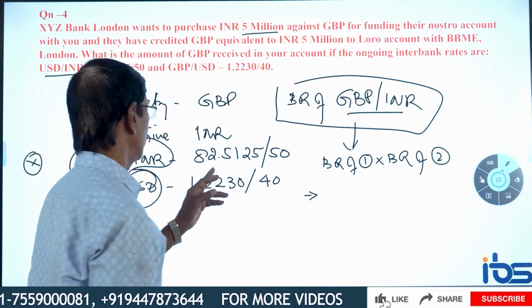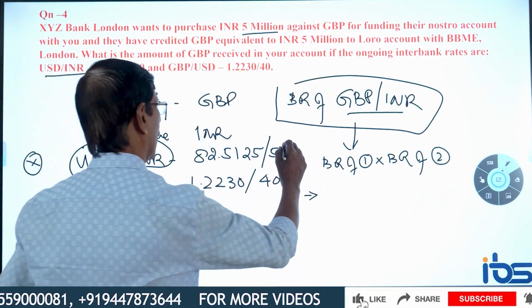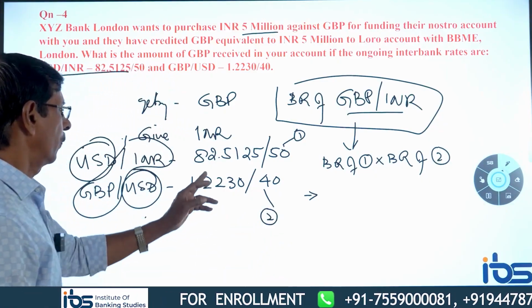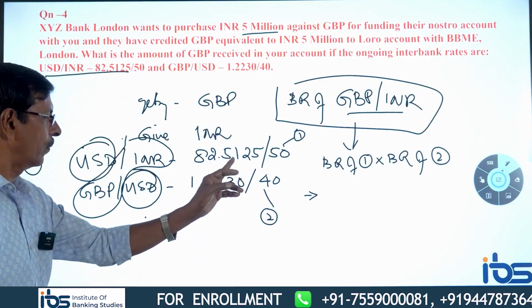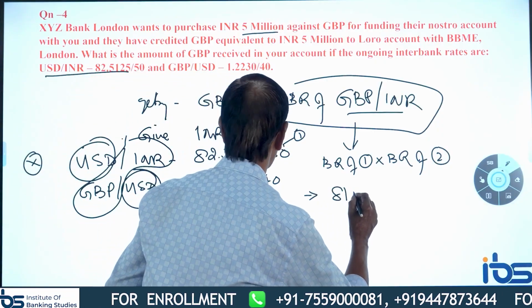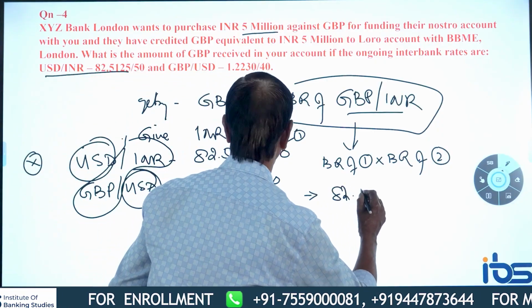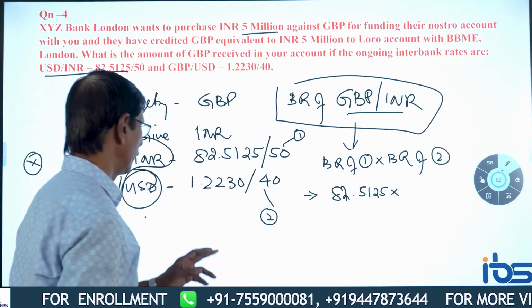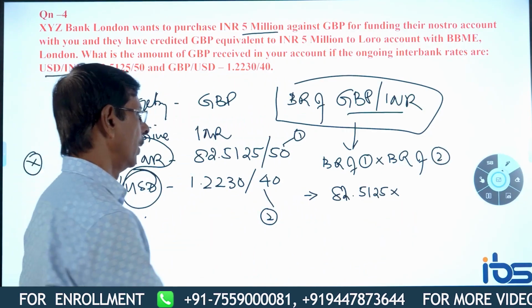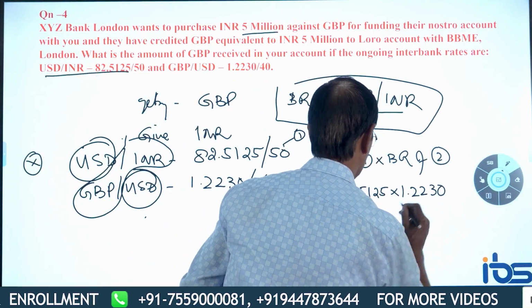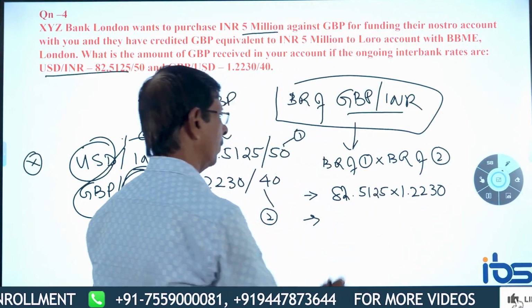What is the buying rate of 1? This is equation number 1 and this is equation number 2. From the first equation, the buying rate is 82.5125, into the second buying rate 1.2230. You simplify this.